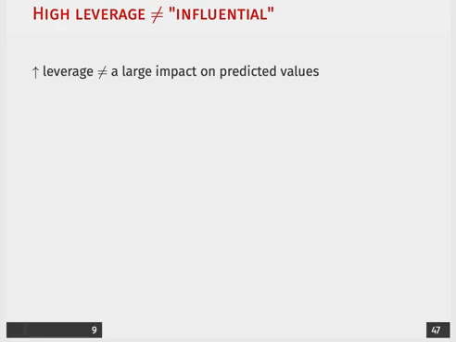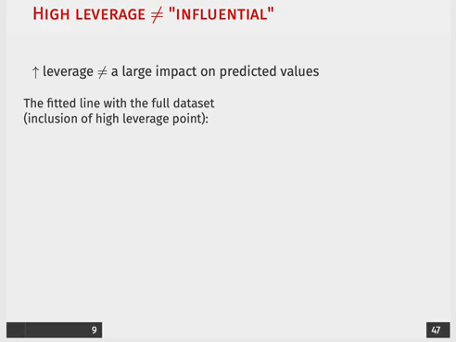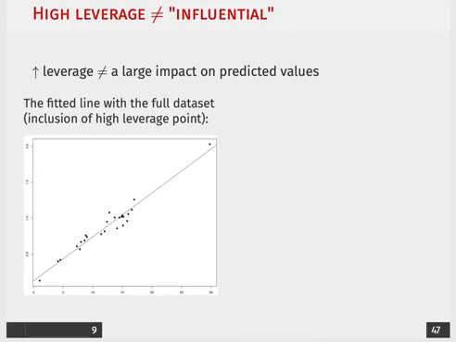So if something is quite an outlier, that doesn't necessarily mean that it's going to impact the predicted value. So let's go through an example where the fitted line with the full data set, including all of our quote outliers or high leverage points, would look something like this.